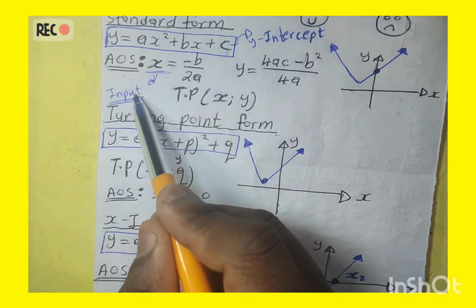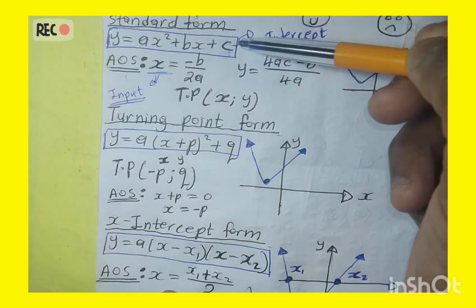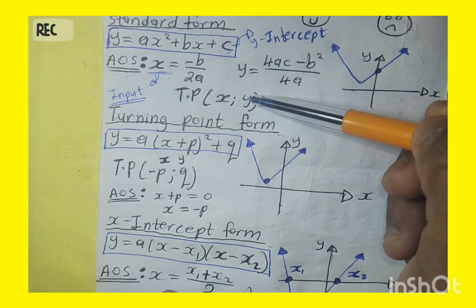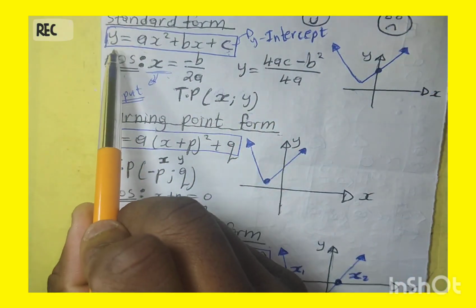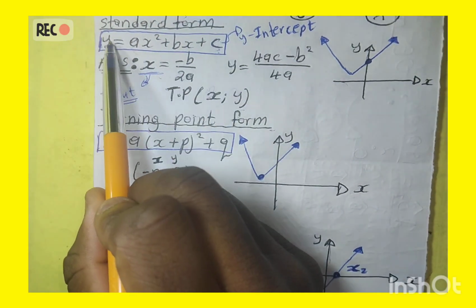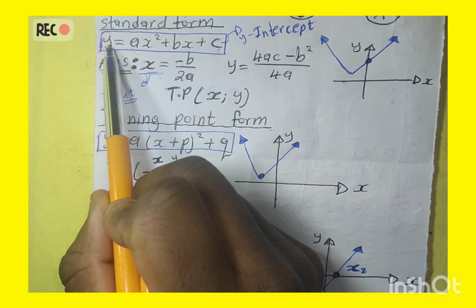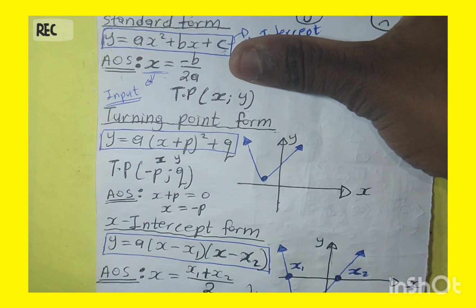Once I know my input, I will substitute it into the original equation so that I will know the output, meaning the y value. If I substitute the input, I will be able to get my output as a y value, without even using that other equation. Do you see?